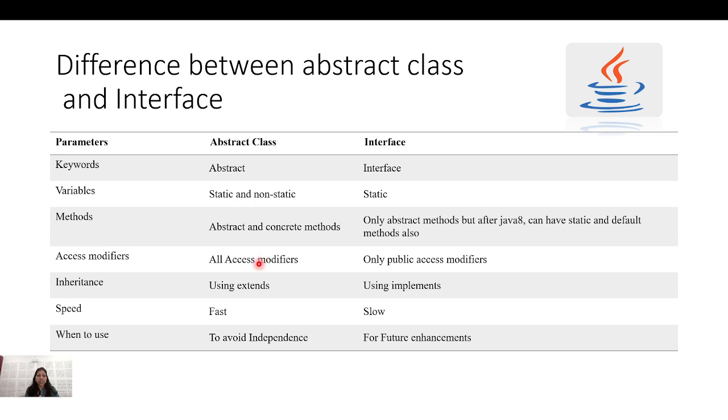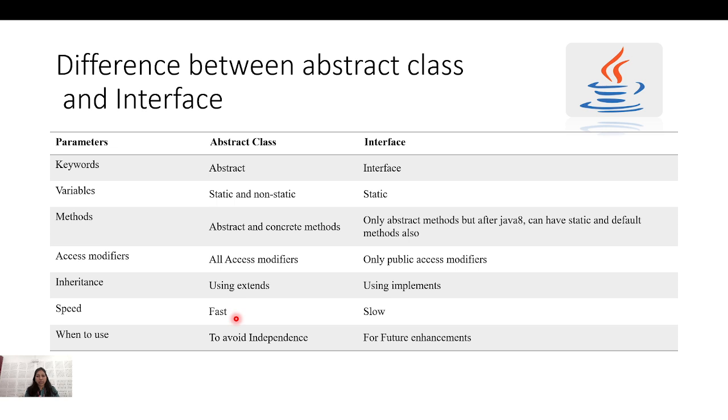For abstract classes, I can use all access modifiers. But in the case of an interface, I will only have public access modifiers. In an abstract class, inheritance uses extends, while in interfaces I use implements.